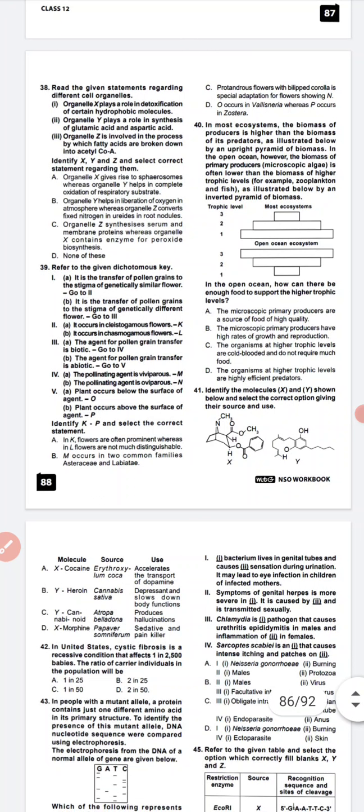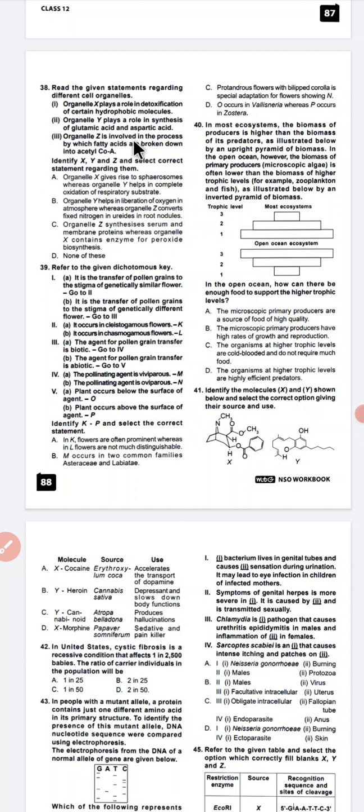After that, children, we move to the next question, question 38. Question 38 tells us to read the given statements regarding different cell organelles. Okay, organelle X plays a role in detoxification of certain hydrophobic molecules. Organelle Y plays a role in the synthesis of glutamic acid and aspartic acid.